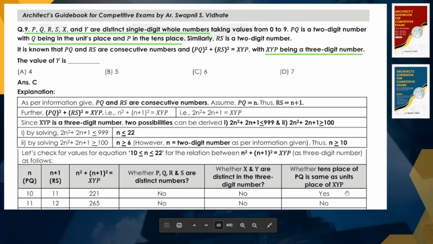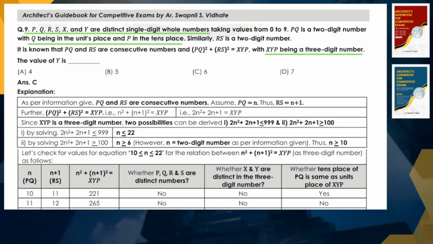If you do the square of 10 plus the square of 11 and do the addition, it will be 221. So P, Q, R and S are not distinct, because one is repeating here. The second condition also, these two numbers are not fulfilling.